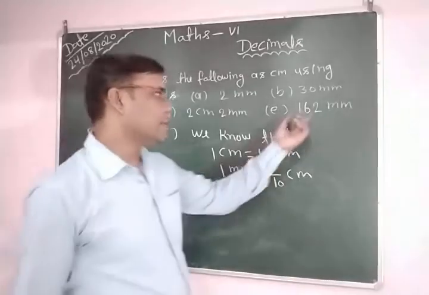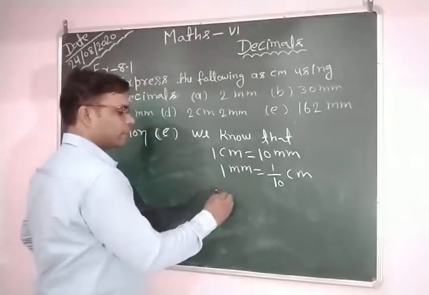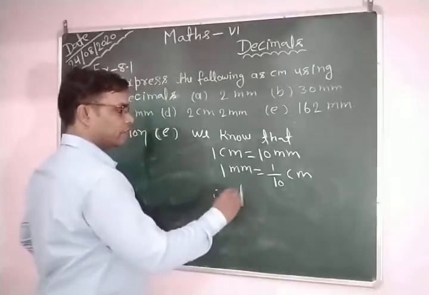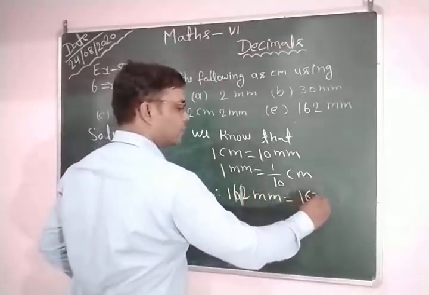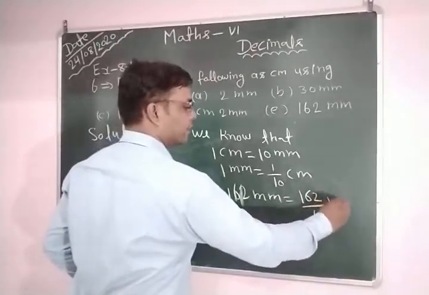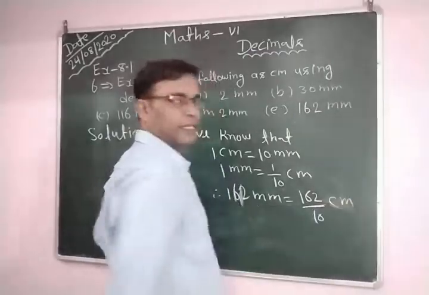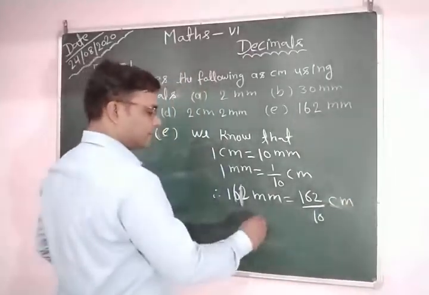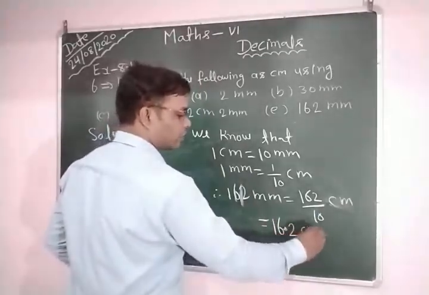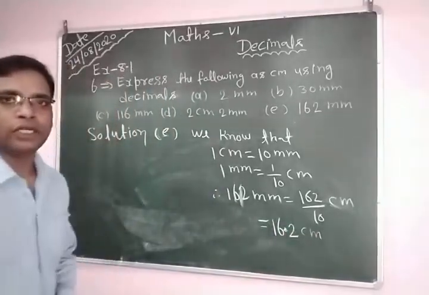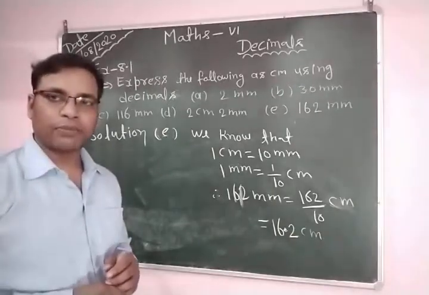Okay, but we have 162 millimeters, so therefore 162 millimeter is equal to 162 by 10 centimeters, this is in centimeters, so this is equal to 16.2 centimeters. So students, I hope all of you understood this question number 6 of exercise 8.1.